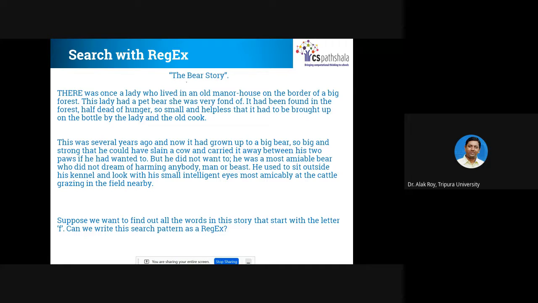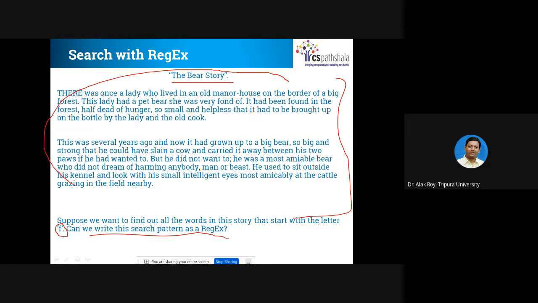So let's take a story, the bear story. Suppose we want to find all the words in the story that start with the letter F. Can we write this search pattern as a regular expression?